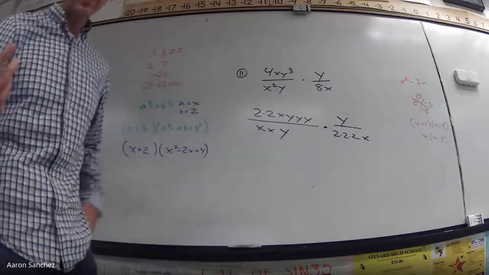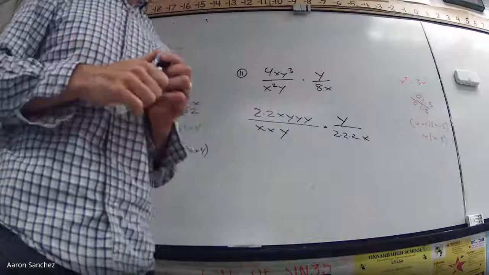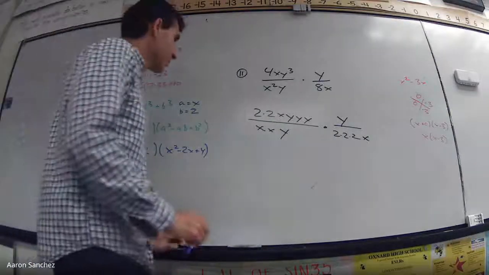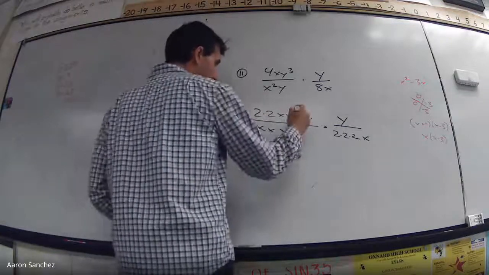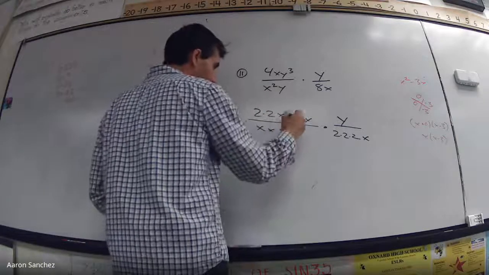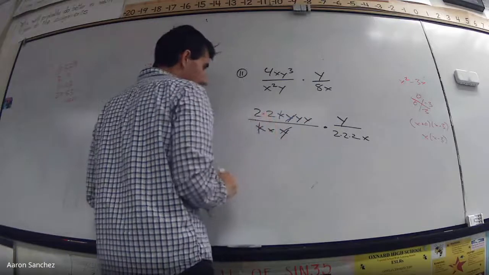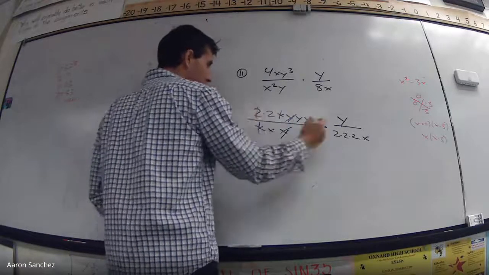Now that I got that, you don't have to do this, but it helps us to see what we reduce. Okay? Now, what do I cross out? Well, I have a y on top and a y on the bottom, just cross it out. 1y, 1y, bye. 1x, 1x, bye. 1, 2 here, 1, 2 here.